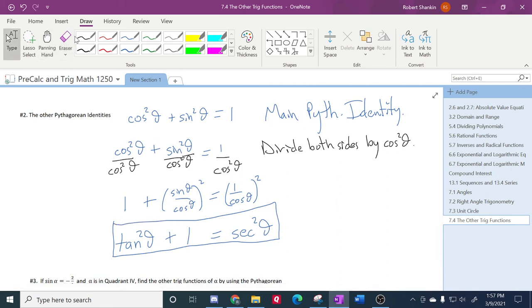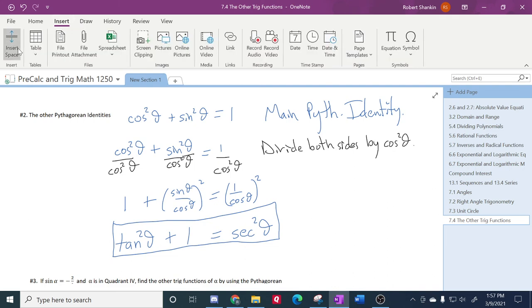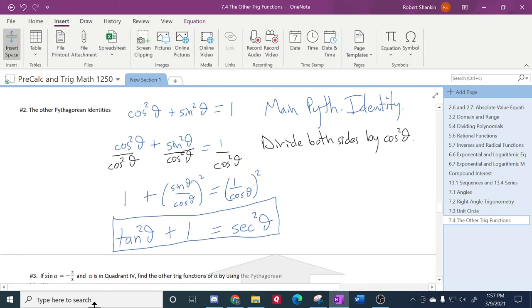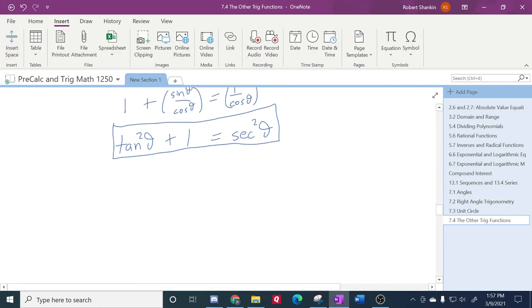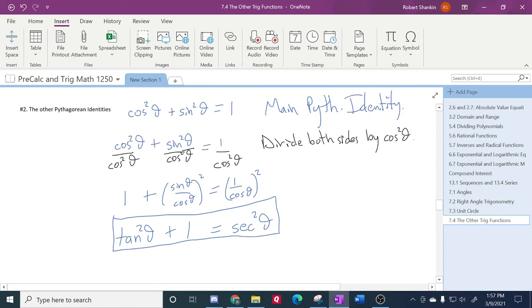There's another one besides this, and you're going to need to wind up memorizing this formula. Just like you need to memorize the main Pythagorean identity, you're going to wind up memorizing this one. Tangent squared and secant squared have this relationship.